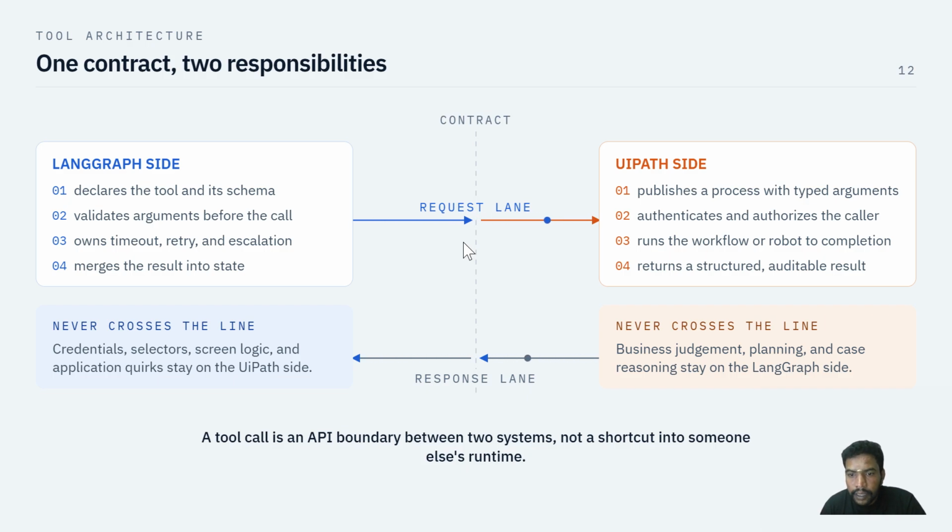A prompt that contains a system password, a graph node that knows which tab of which screen holds the tax code.